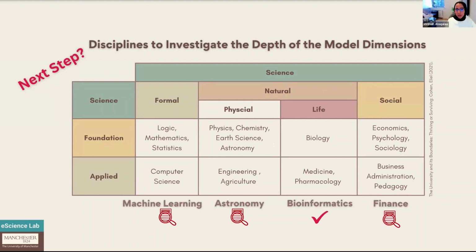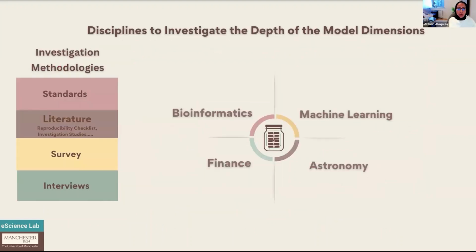Then we also did some work with other domains by picking use cases from the literature from the main science domains. We took use cases from astronomy, machine learning, and finance, and addressed reproducibility in each of these domains. How has this investigation been done?